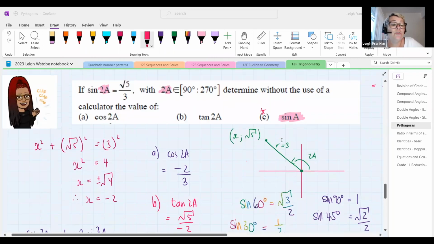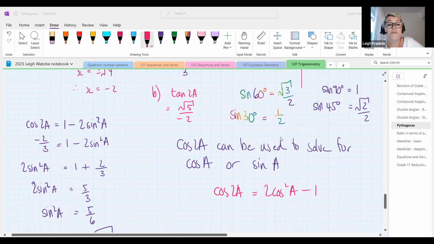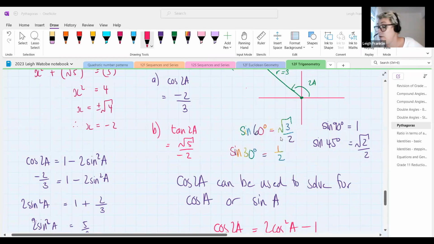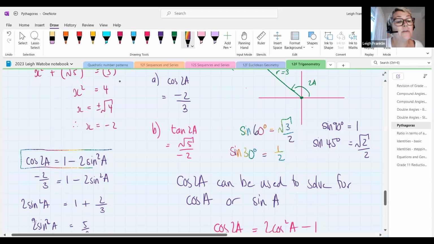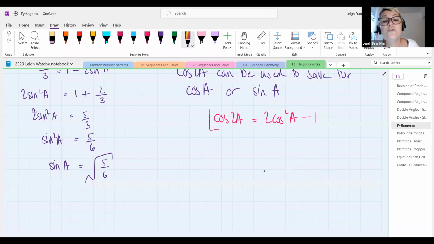So we have to use our cosine double angle expansion to solve for cos A or sine A. If they ask us for sine A, then we use cos 2a equals 1 minus 2 sine squared A. If they ask us for cos A, then we use cos 2a equals 2 cos squared A minus 1.